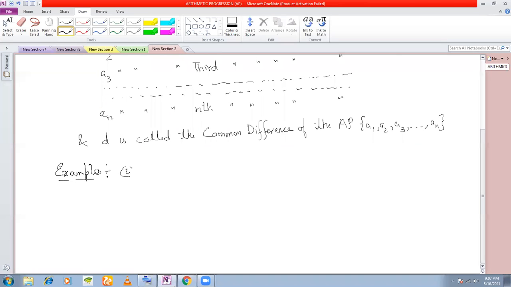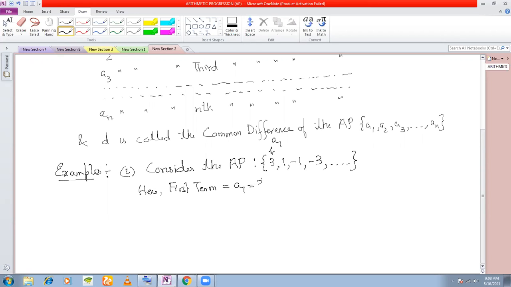If I give you an AP, 3, 1, minus 1, minus 3, and so on. What should be the common difference and the first term? Here, first term is equal to, this is my first term, A1.